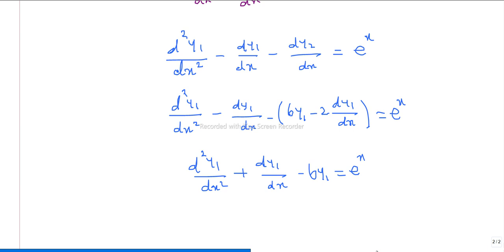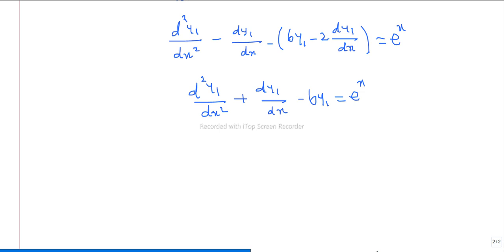Now this is a second order differential equation in terms of y1 and x. Therefore you know how to find this y1. So first the complementary function, therefore the auxiliary equation. The auxiliary equation is m square plus m minus 6 equal to 0. So m minus 2 into m plus 3, I think so.